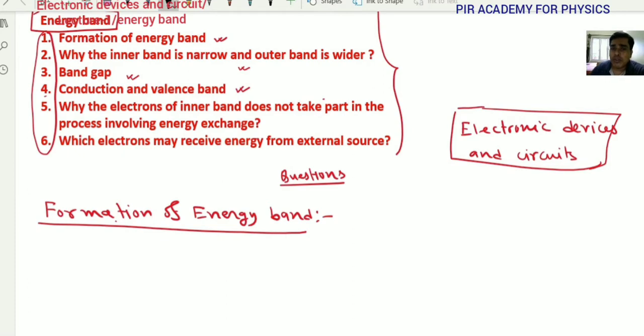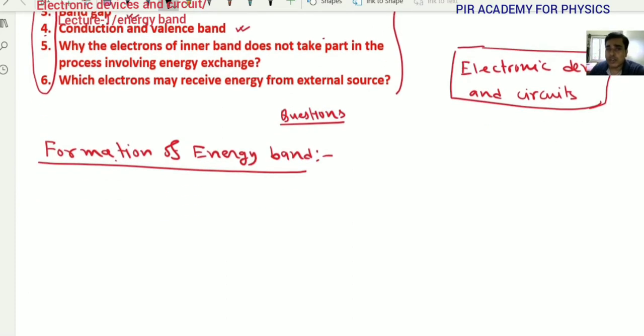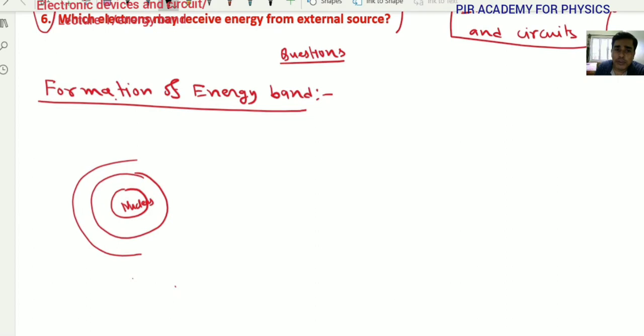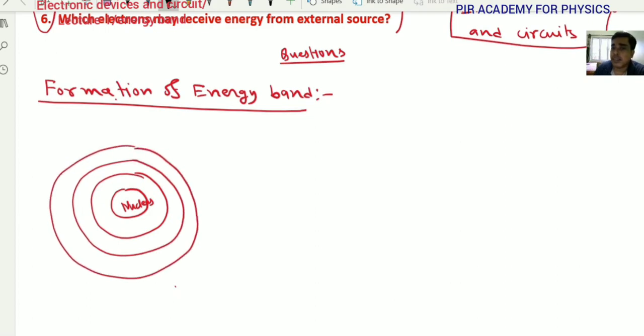To know the process of formation of energy band, you have to know the atomic structure. According to atomic structure, every atom has a nucleus, and around this nucleus electrons are moving with some specific energy level.